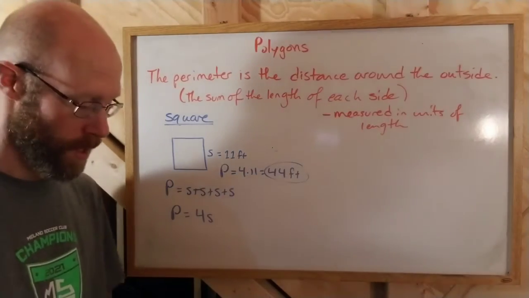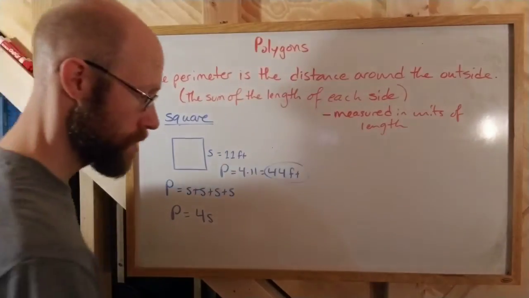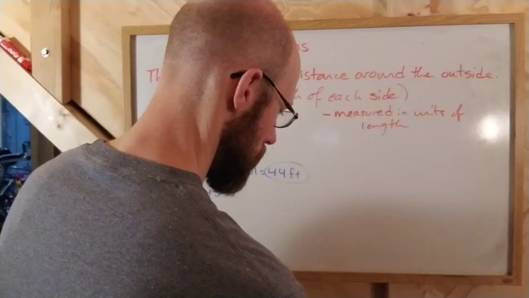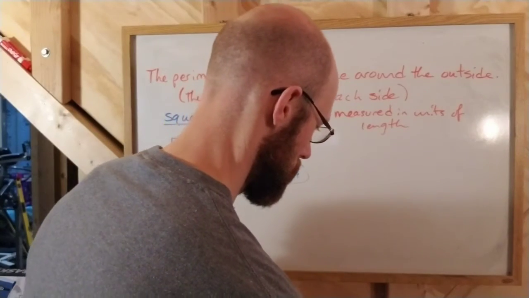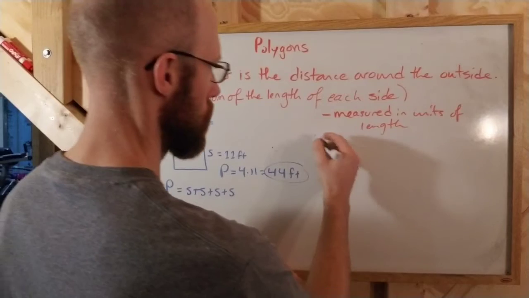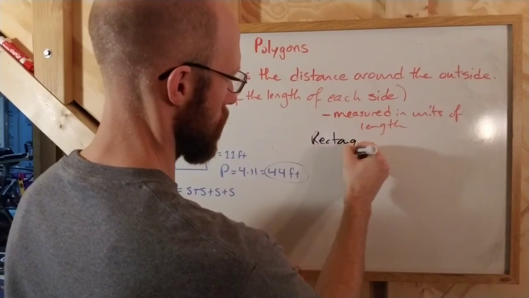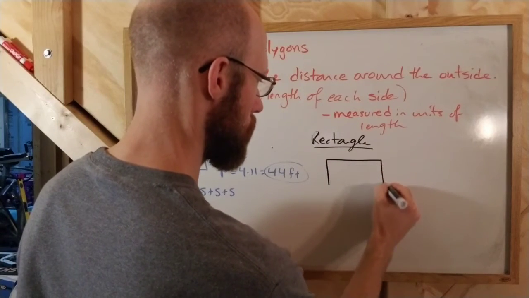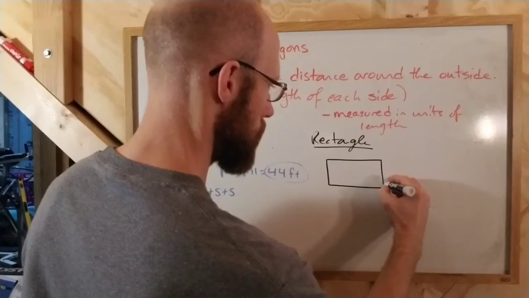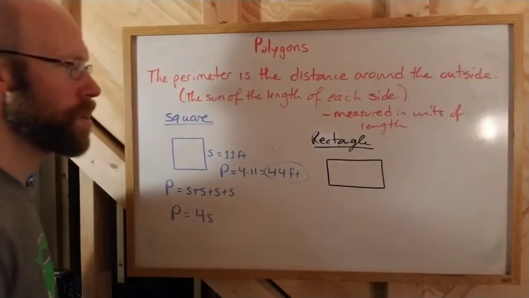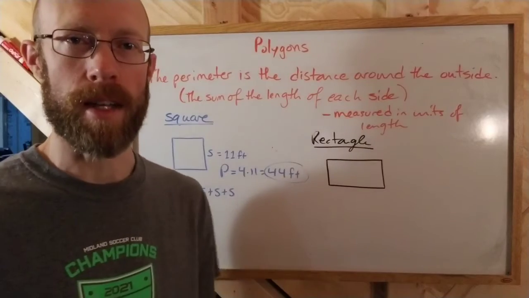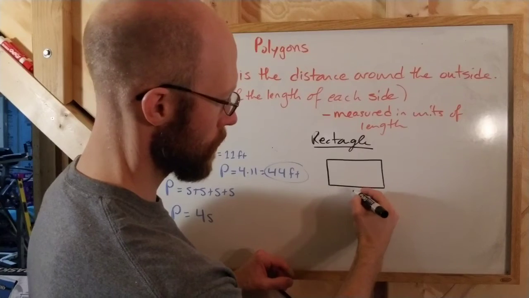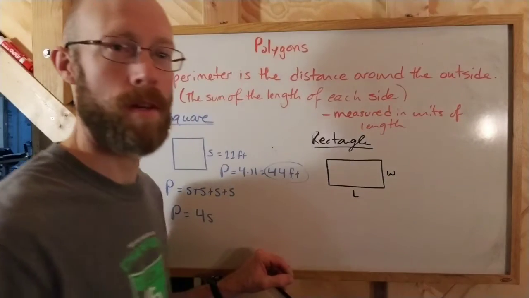So that's a square. A rectangle is another nice polygon, quadrilateral in particular. A rectangle, like a square, has all 90-degree corners, but it only has opposite sides equal to each other, okay, or equal in length. And so typically we call them the length and the width of the rectangle.